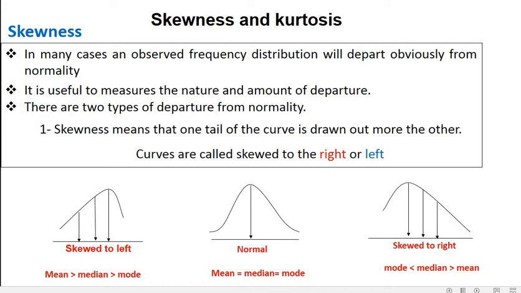So we know that the data or the observation may be frequency distributed in a normal or standard curve, like that. It's a normal frequency distribution curve, where the mean equals the median equals the mode.